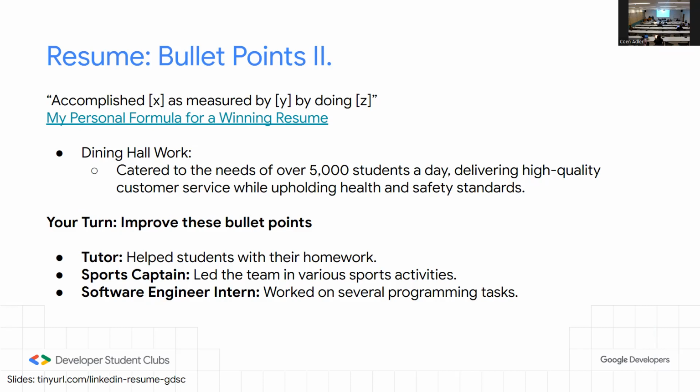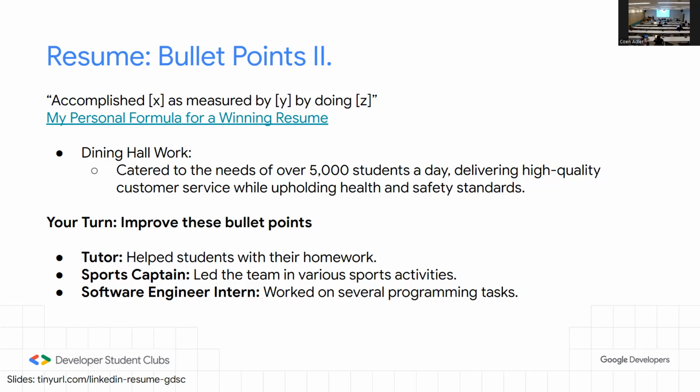What Anusha mentioned earlier is really emphasizing quantifying your accomplishments. There's a formula used by a former SVP at Google, where he suggests you should go along the lines of accomplished X as measured by Y by doing Z. Obviously don't use these exact words.